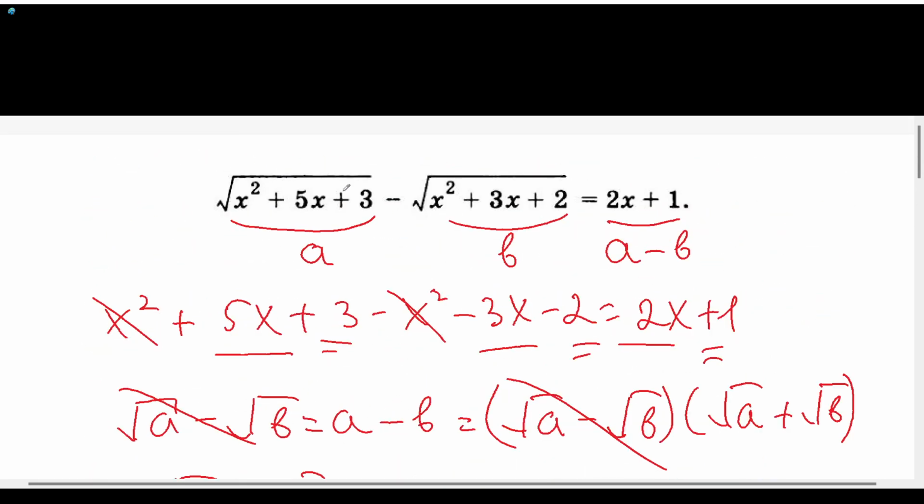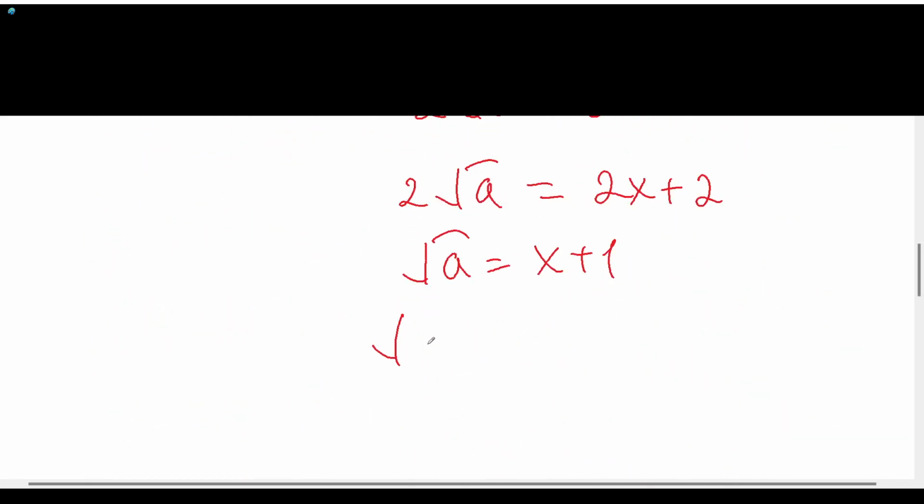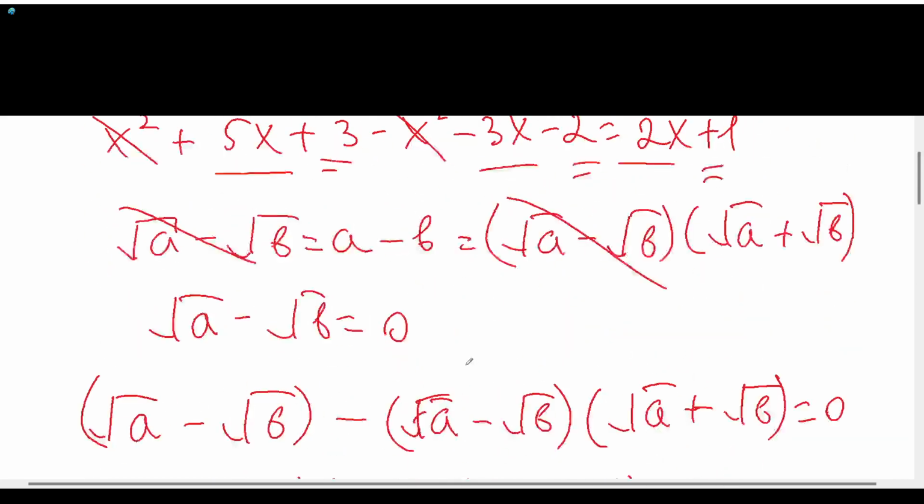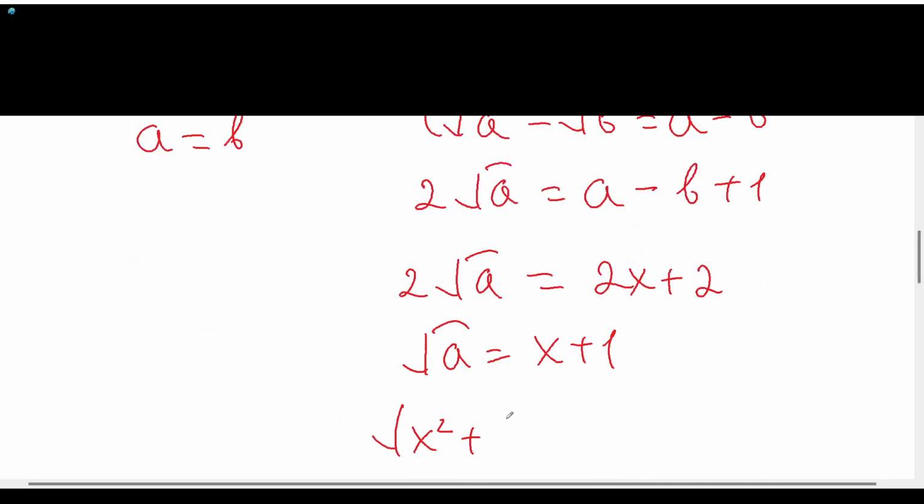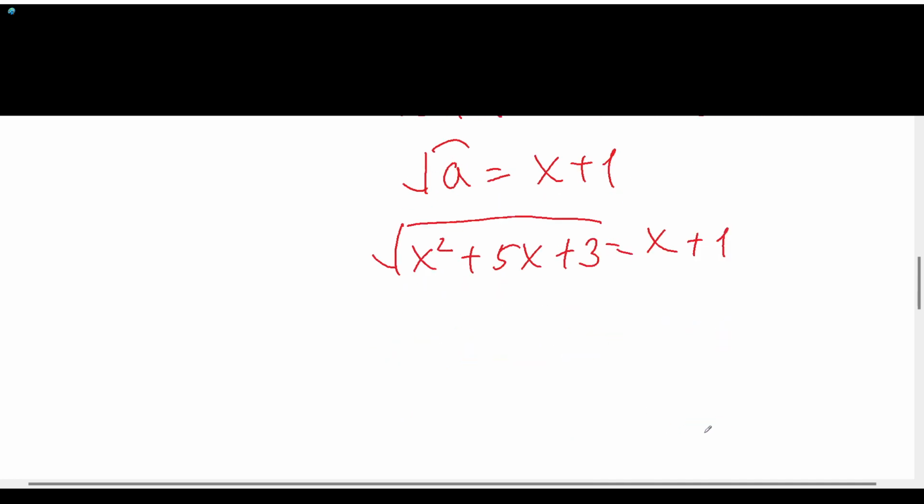Here we can plug into square root of a this expression, and we'll get the square root of x squared plus 5x plus 3 has to be equal to x plus 1. Now we can square it. x squared plus 5x plus 3 has to be equal to x squared plus 2x plus 1.